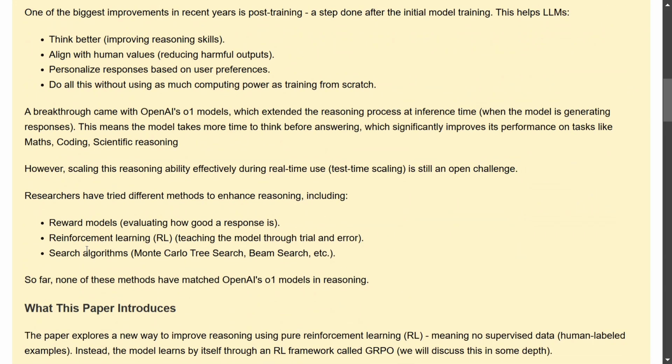So there have been different approaches that have been used. Reward models have been used. So reinforcement learning has a concept of reward models, as I was showing, that you get a +1 or -1. It's not that easy. You have ML models running to give you a reward. Search algorithms have been used, Monte Carlo tree search, MCTS. I think this is an algorithm that you might be hearing in some of the papers. So far, nothing has matched the OpenAI O1 models in reasoning.